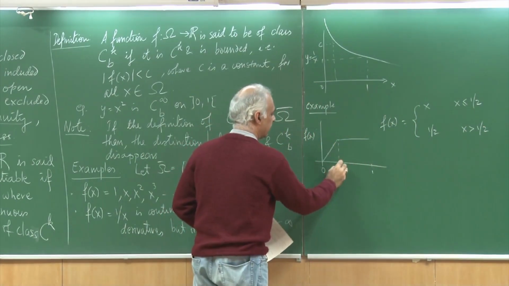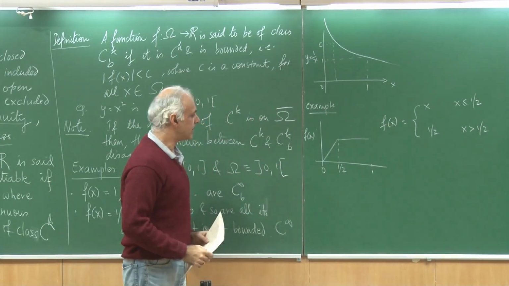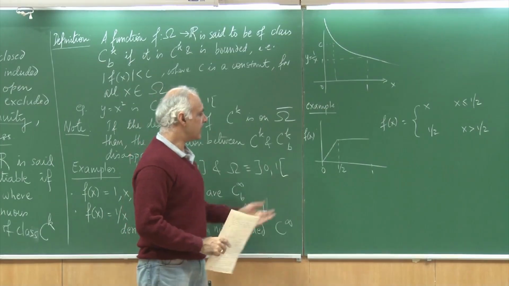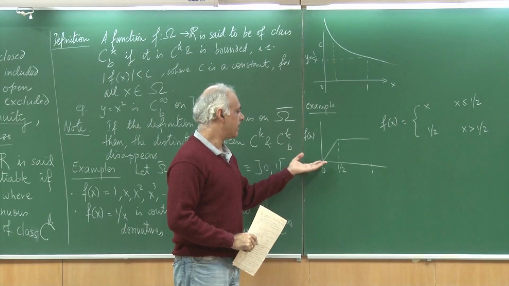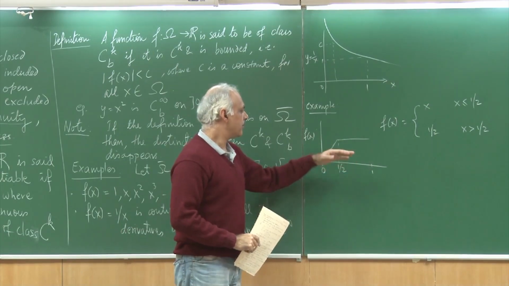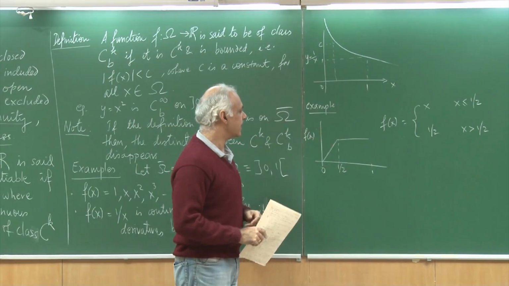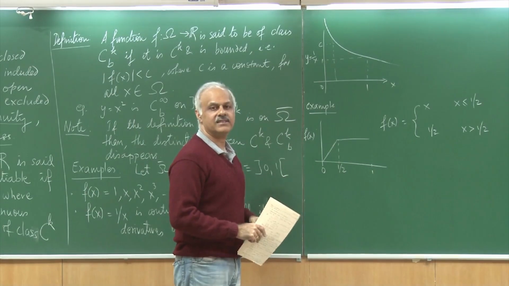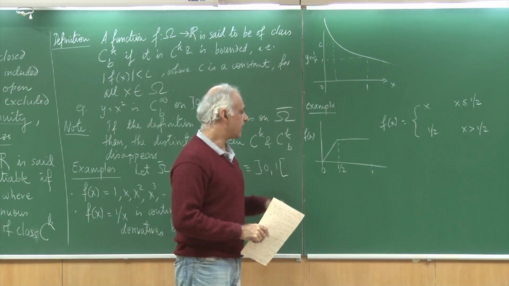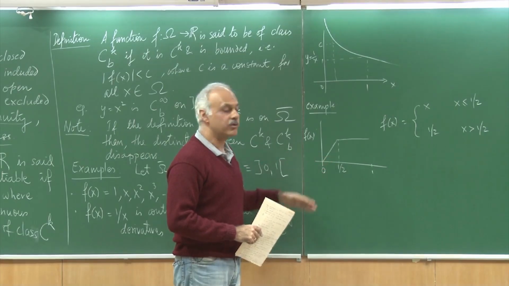So let's say this value is half. I'm sorry, the sketch is not to scale, but you get the idea. So clearly this is a continuous function. It is also bounded because I can always specify a value, maybe a little bit more than half, and the function is always less than that value. So it is definitely a C0 function and it is bounded.